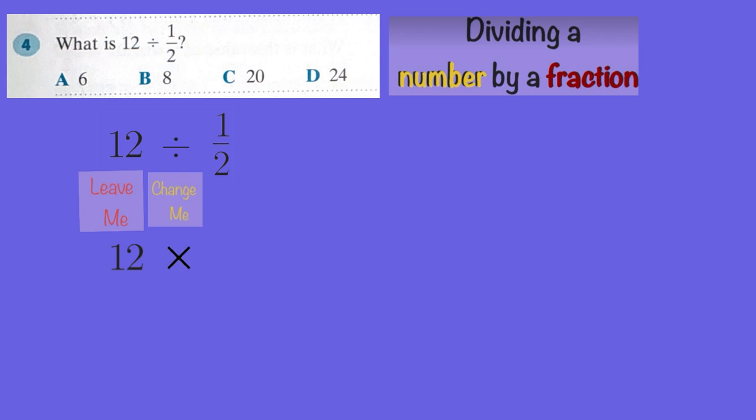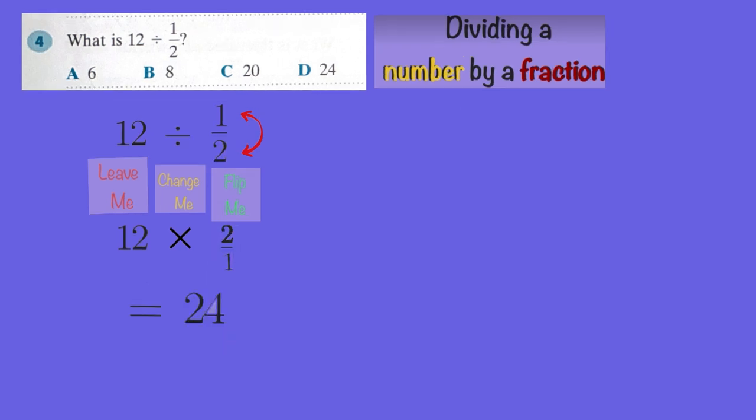And the last step is really very, very important. This involves finding the reciprocal by swapping 1 and 2. I like to call it flip me, so that 1 over 2 now becomes 2 over 1. So when we multiply 12 times 2, we get the answer 24.